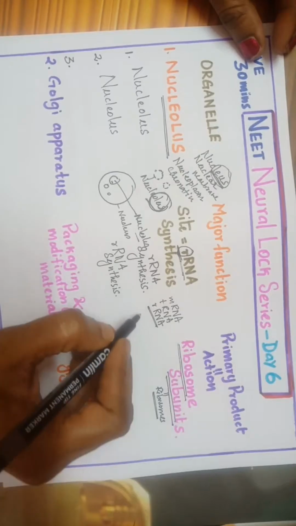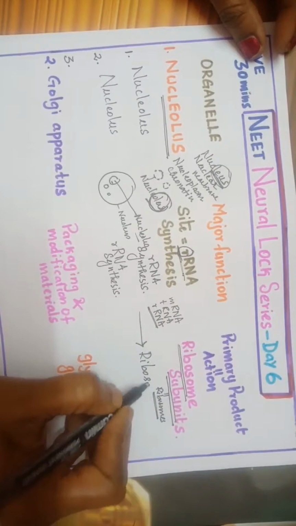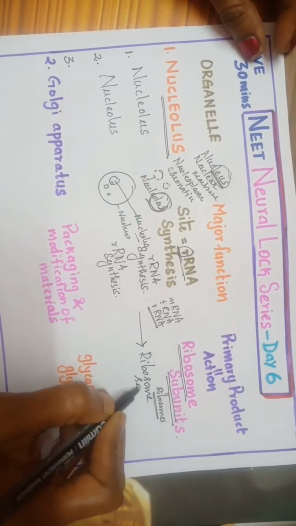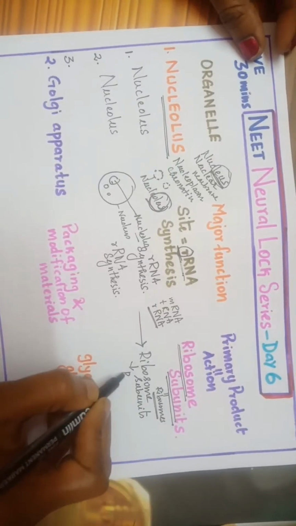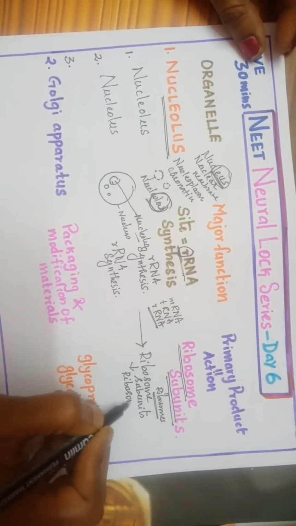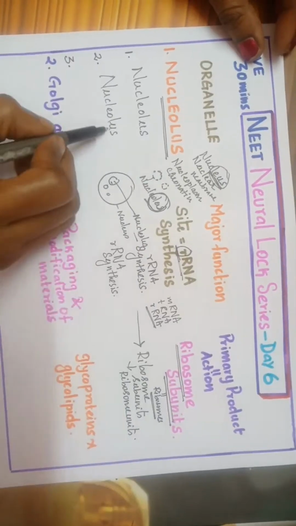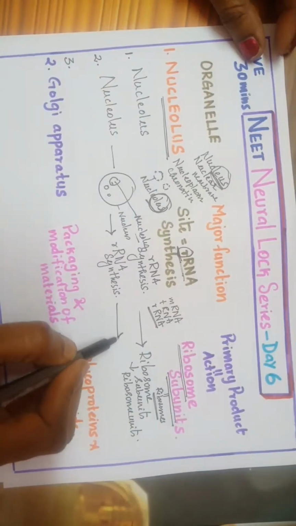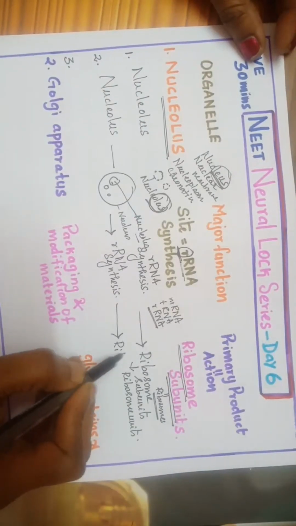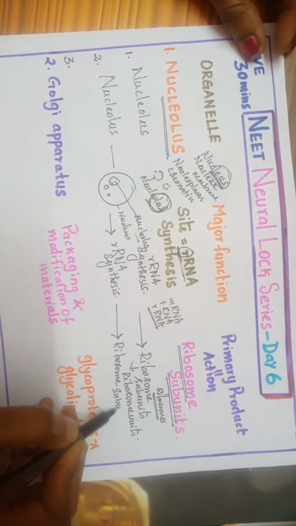So this rRNA synthesis is preparing the ribosome subunits, which is the ribosome of the cell, that is the ribosome organelle. So nucleolus is the site of rRNA synthesis, which prepares ribosome subunits.